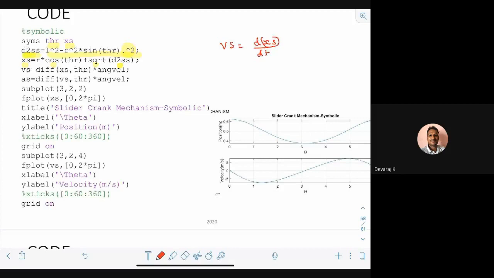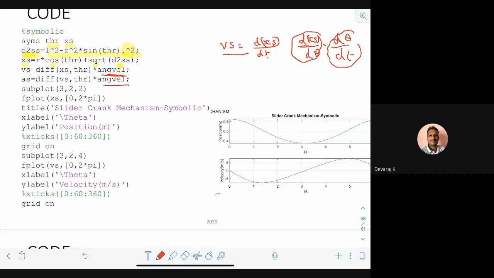But xs is in terms of theta, therefore you would write it as dxs by d theta into d theta by dt. So when you differentiate this xs with respect to theta, I need to multiply it by omega to get vs. Therefore, you can observe that omega is multiplied here. Simply say vs is equal to diff of xs with respect to theta r, times omega, and then acceleration is diff of vs with respect to theta r, and again you multiply by the angular velocity.